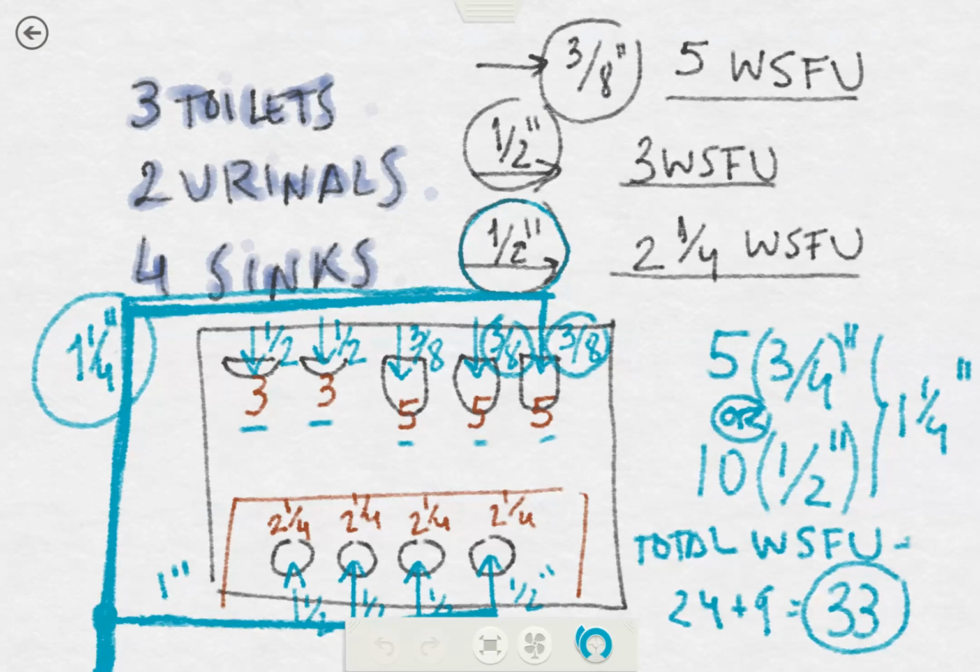I told you that this first branch here should be at least 1 1/2, at least. So we have to compare this value with what we have here, and I think it makes sense.